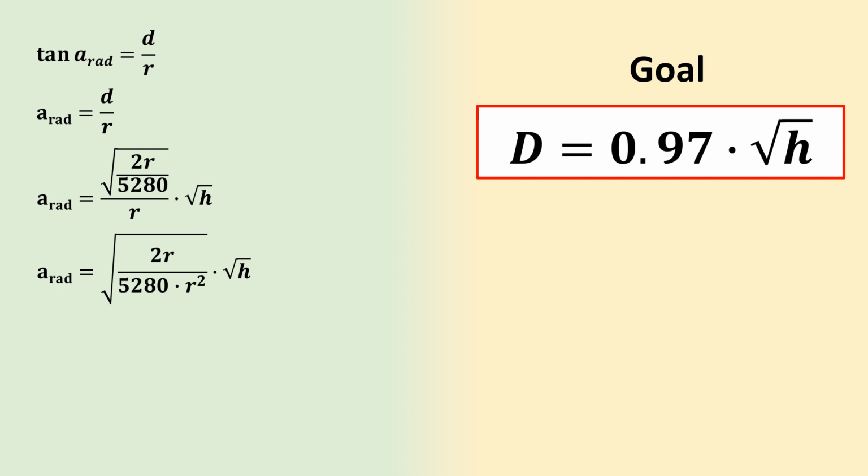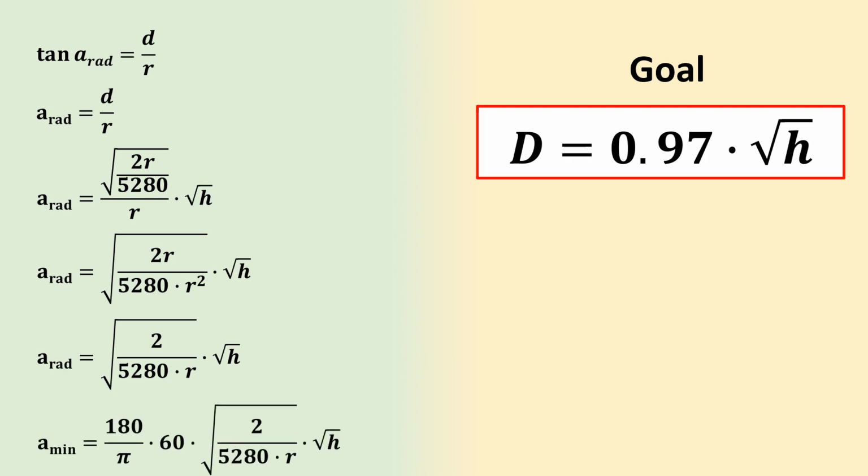So let's tidy that up a little bit by bringing it all under the square root. And then we can get rid of one of the r's from both top and bottom, which is looking nicer and looking a little closer in form to our goal over on the right hand side. Okay, now the horizon dip correction is in arc minutes, but our angle is measured in radians.